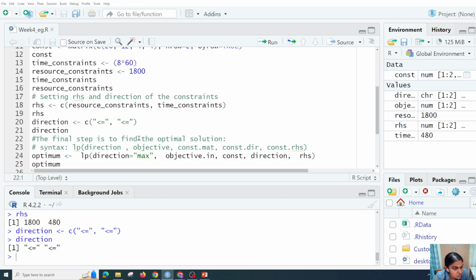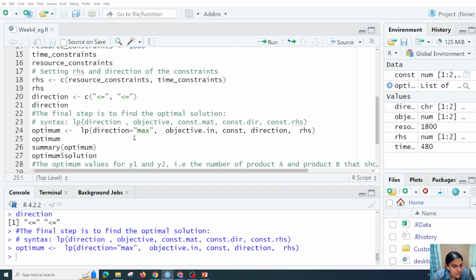So for the optimum solution I am using lpSolve. We have called lpSolve. The arguments required in this particular function are, first, what type of optimization it is, whether maximization or minimization. So I am giving direction equal to maximize.